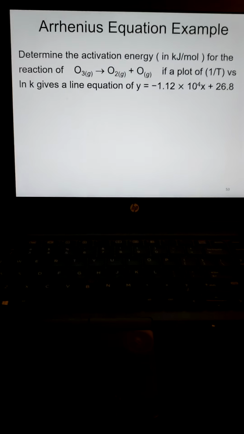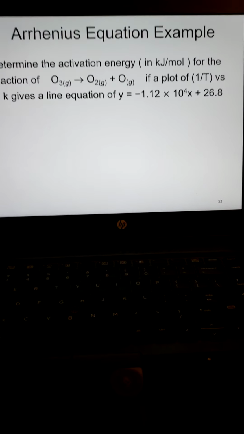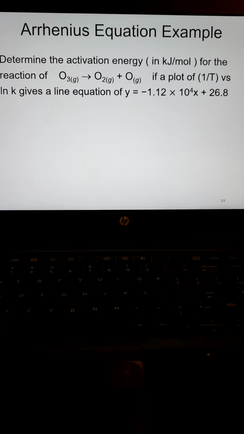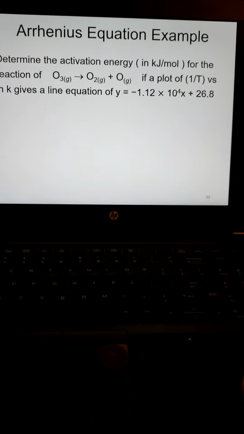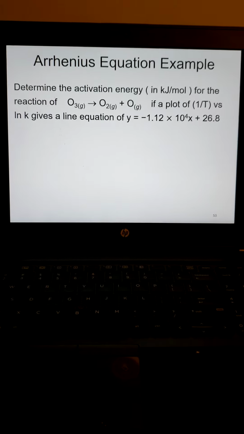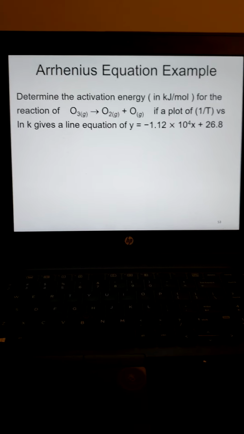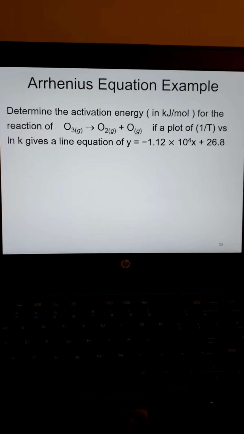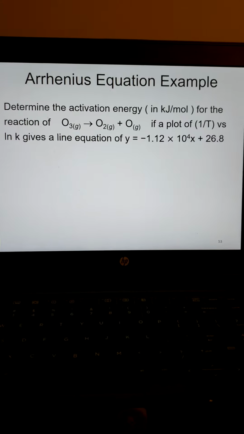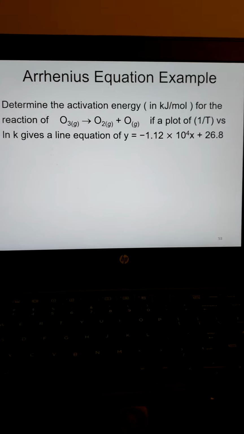Okay, so first one. It says determine the activation energy in kilojoules per mole for the reaction of ozone decomposing into oxygen gas and a singular oxygen molecule, if a plot of inverse temperature versus the natural log of K gives the following line equation.